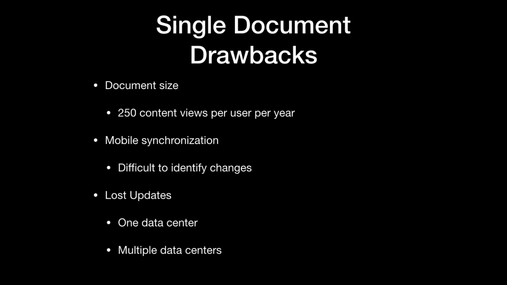It's these drawbacks that led us down the path of event sourcing, because we were concerned about data loss, we were concerned about synchronizing with mobile devices, and we also worried about slower performance with a large document. So we decided to use event sourcing, where we store the changes to the domain object rather than the domain object itself.